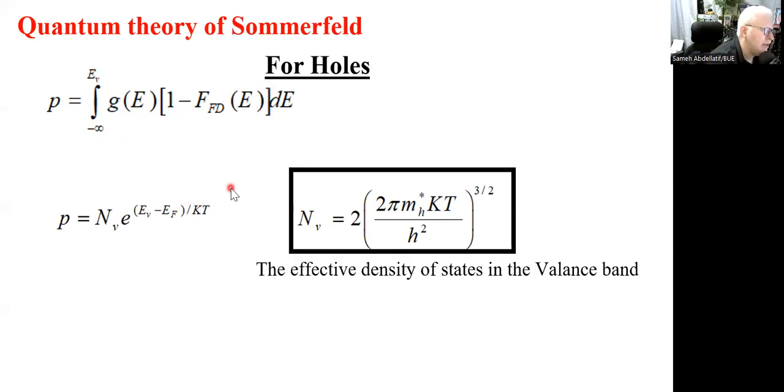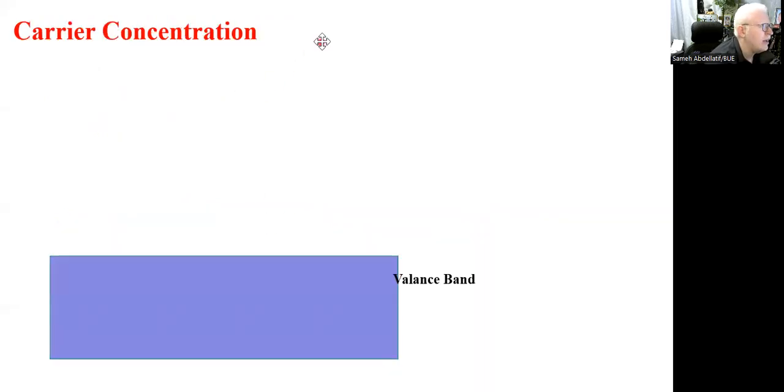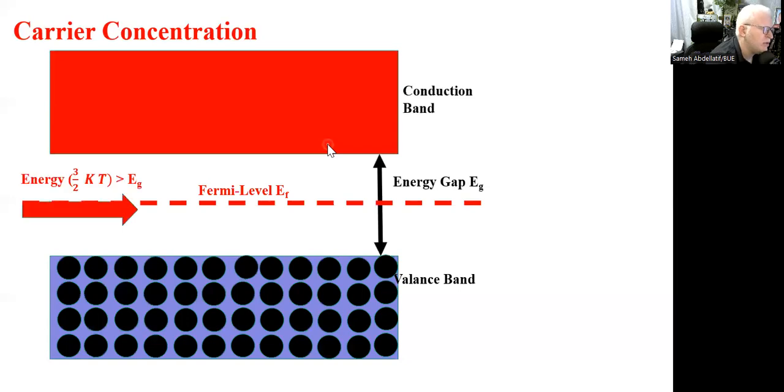Again, you will have this closed form for the hole with the effective density of states in the valency band. And so this is simply how we can consider the process of electrons and holes. Electrons are defined in the conduction band and holes are defined in the valency band.